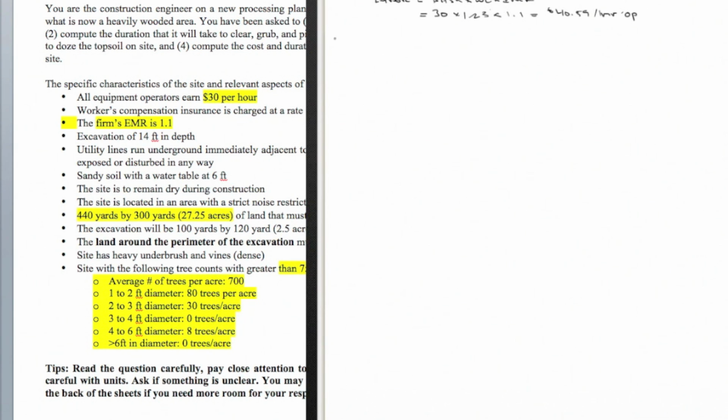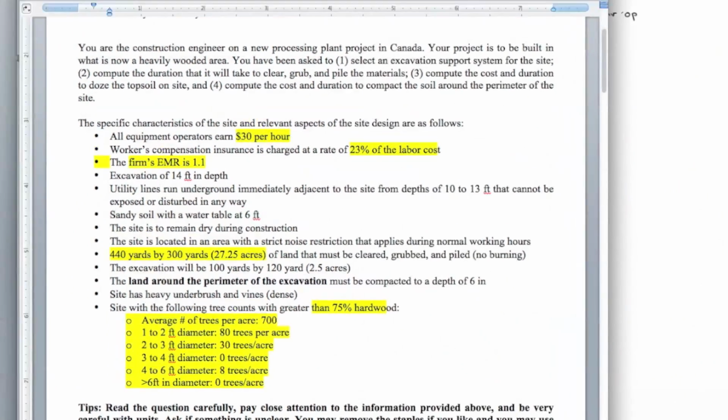Alright, so the next step is to actually find the time required to clear, grub, and pile. We're going to start with clearing. If you remember the equation for clearing, it is in here.